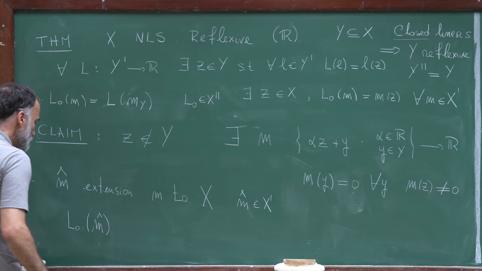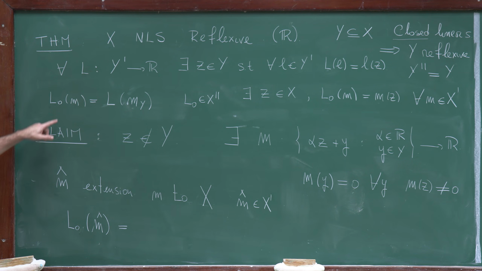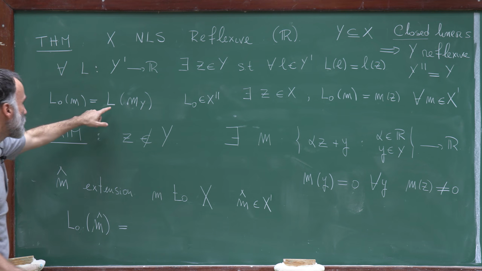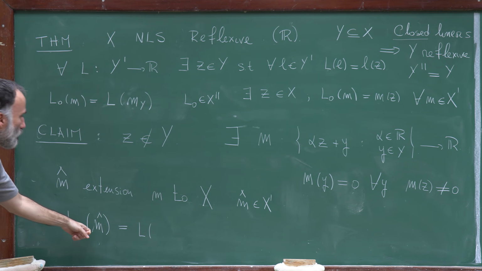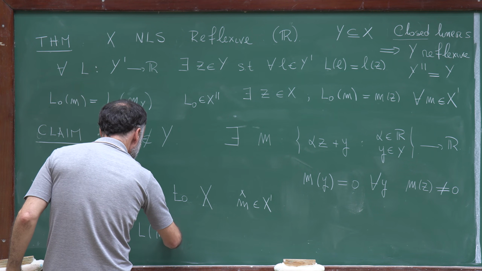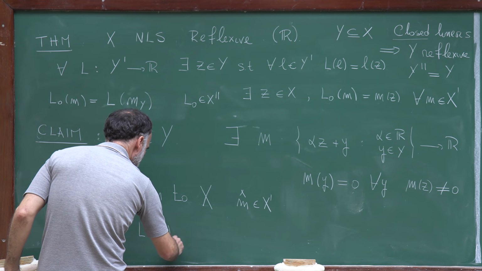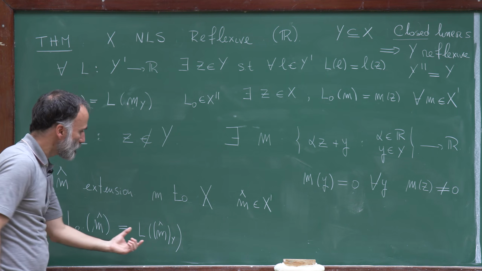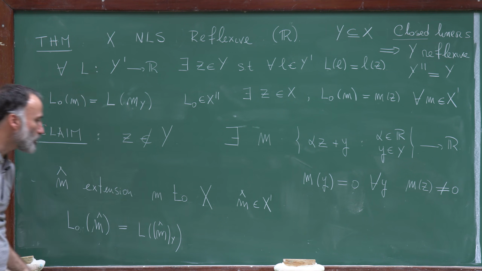Well, by definition, this is equal to L, the restriction of M hat to Y. So let me represent in this way L, the restriction to Y of M hat.